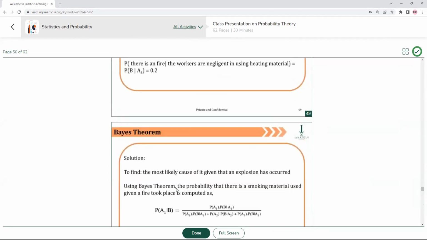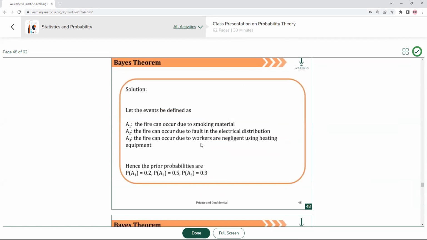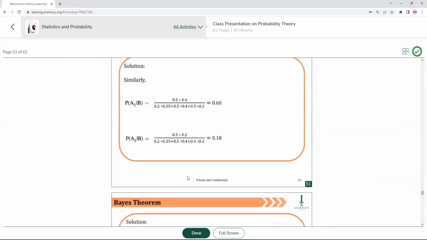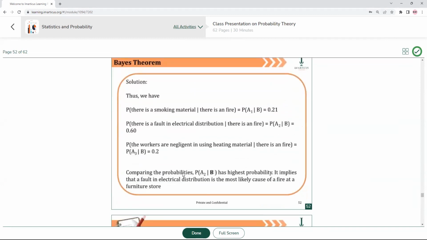It means that the chances that the fire caught due to an electrical distribution is very high. So comparing the probabilities, P(A2 given B) has the highest probability. It implies that the fault in electrical distribution is the most likely cause of a fire at that furniture store.